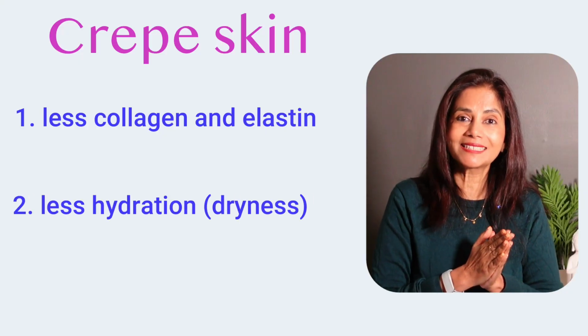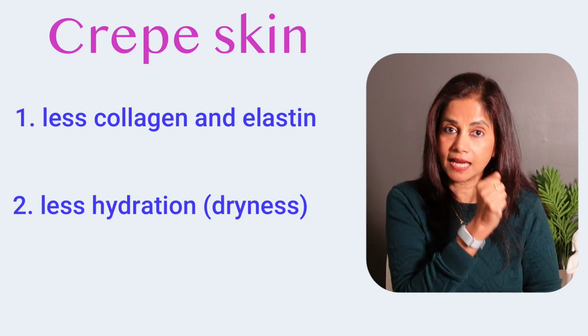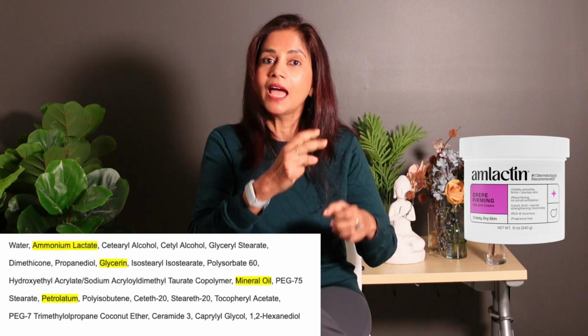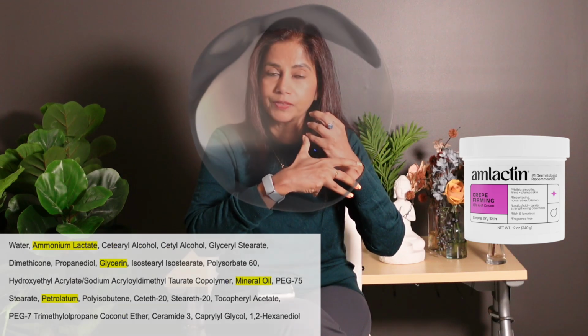Apart from ammonium lactate, this cream also has two very good ingredients which help in hydrating our skin. It has glycerin, which is going to hold on to water, and it has petrolatum, which is going to seal all the hydration in the skin, so that the hydration doesn't evaporate back into the atmosphere. So this cream is really good at keeping the skin hydrated, and that hydrated skin makes those lines less visible.